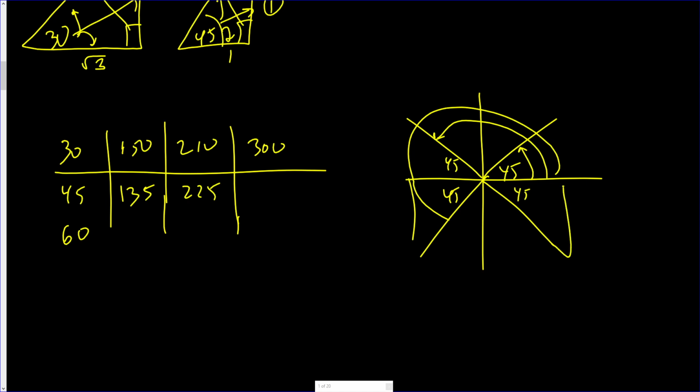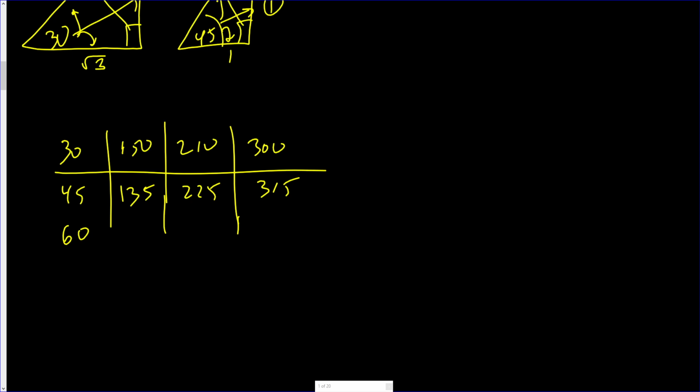If this angle here is 45, I'll go 360 and take away 45. Okay. It should take hopefully less than a minute. Having these numbers in front of you will really make life easier.